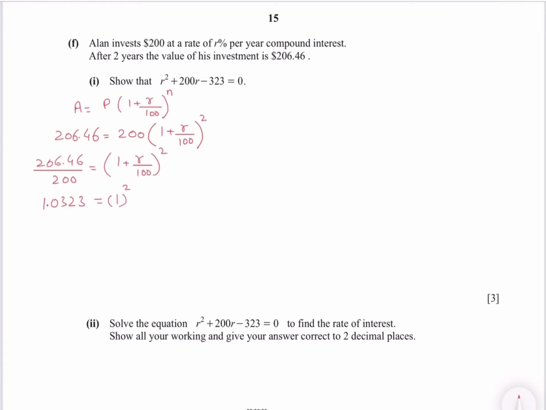So our a is 1 and our b is R over 100. So 1 squared plus 2 into 1 into R over 100. This is actually 2ab, plus R over 100 squared. This is b squared. Now from here you can simplify it.